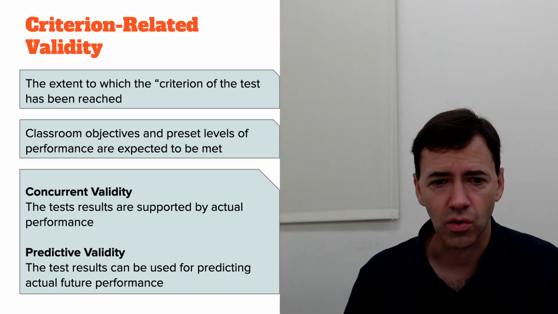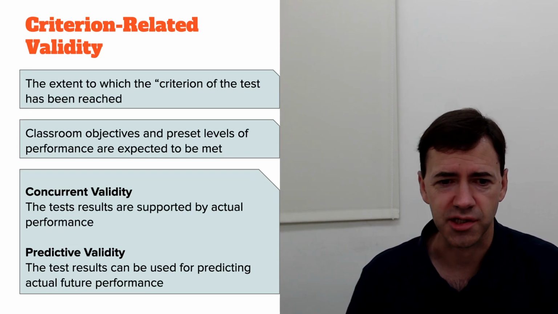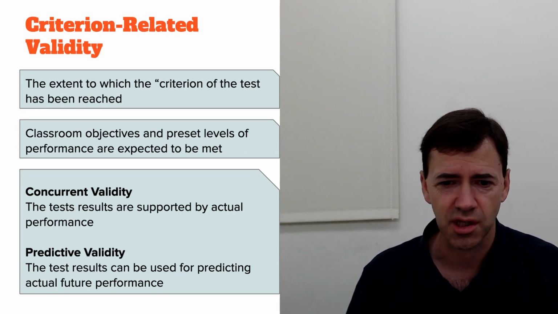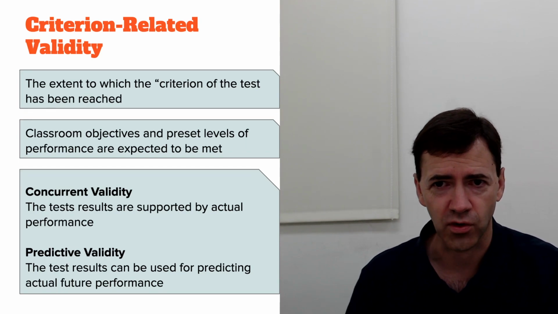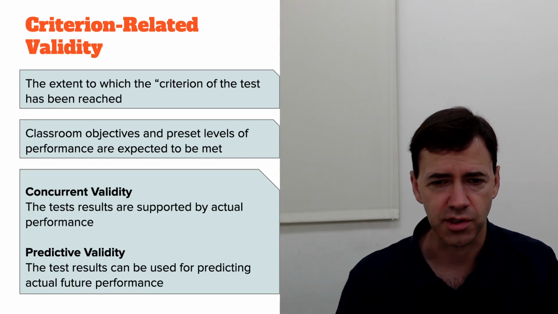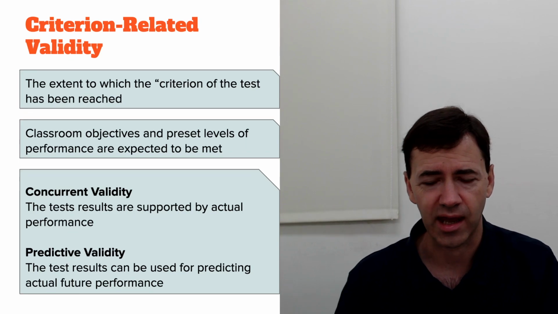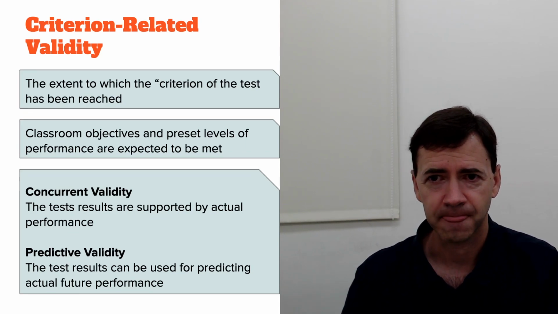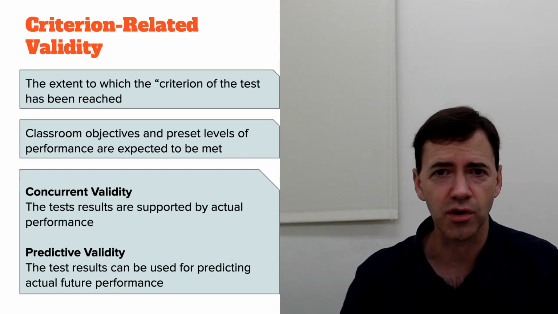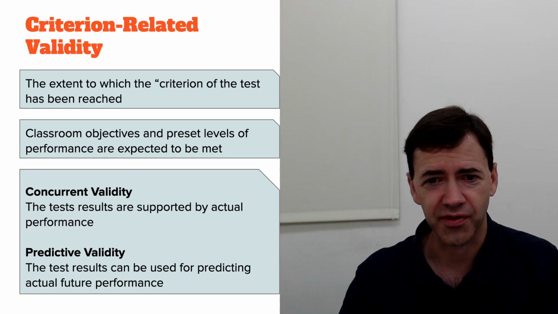Okay, so there are two ways to look at this. There's concurrent and predictive validity. So concurrent validity is that the test results are supported by their actual performance. So you know your students, you know their abilities, and once you give them a test, they actually get the scores that match what their level is.